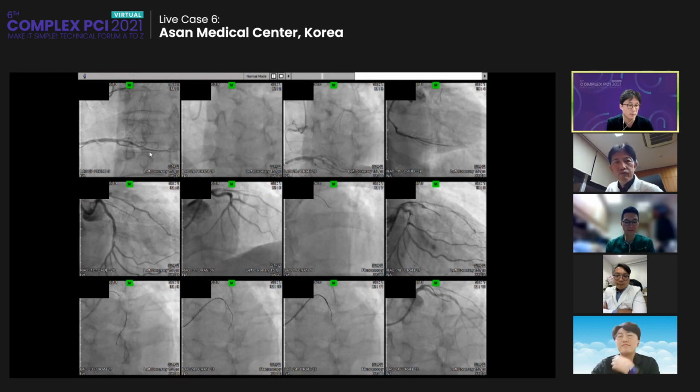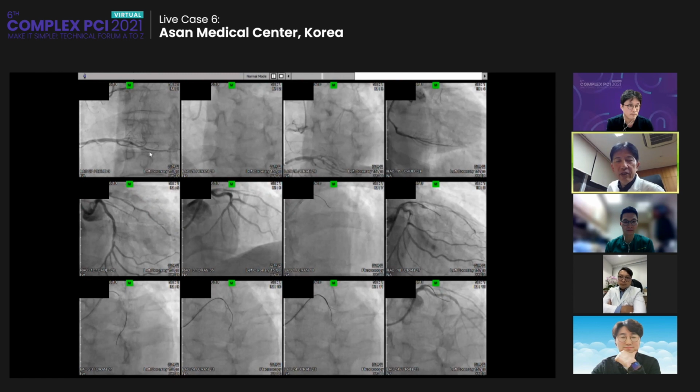Is CT frequently taken in CTO cases, Dr. Muramatsu? Yes, in Japan, CT is very popular. Most of the cases were done in the outpatient clinic with cardiac CT, before angiography.